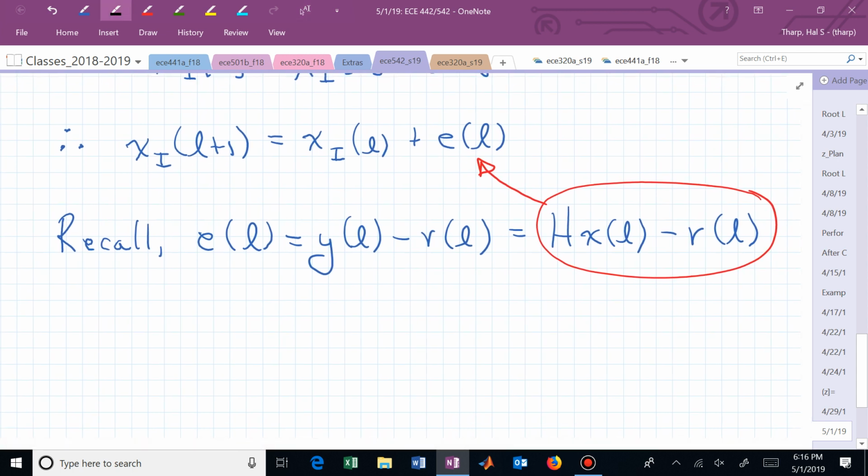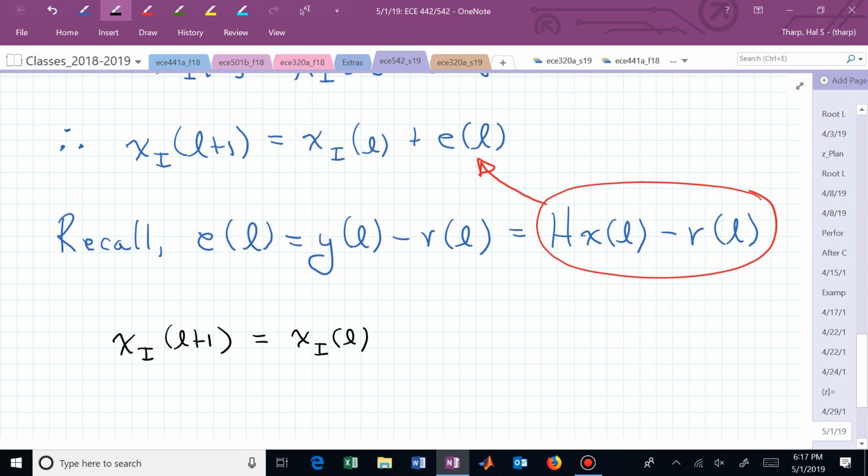Now I can rewrite the dynamical relationship of my integrator state. That's now x sub I at L plus 1 equaling x sub I of L. And that makes sense. If this is an integrator, we're just remembering what we had in the previous step, and we're just adding to that.